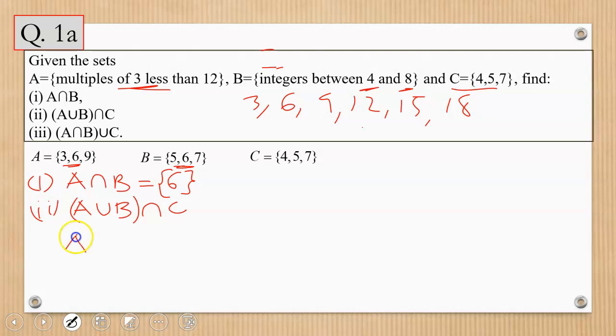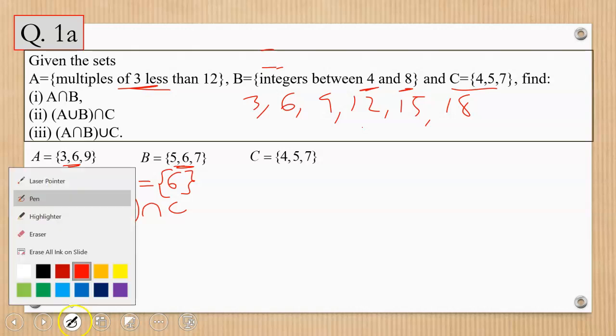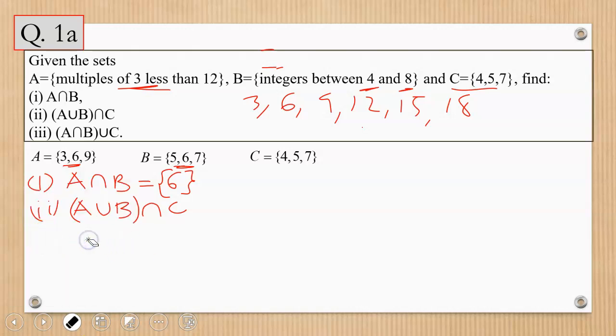And so let's look at A union B. A union B will give us what is in A and in B all put together. That is A union B. And so all put together, we can have 3, 5, 6, 7, and 9. So these are the numbers that will answer A union B.